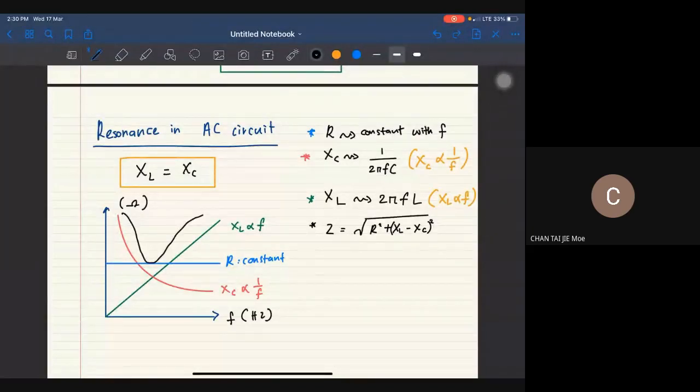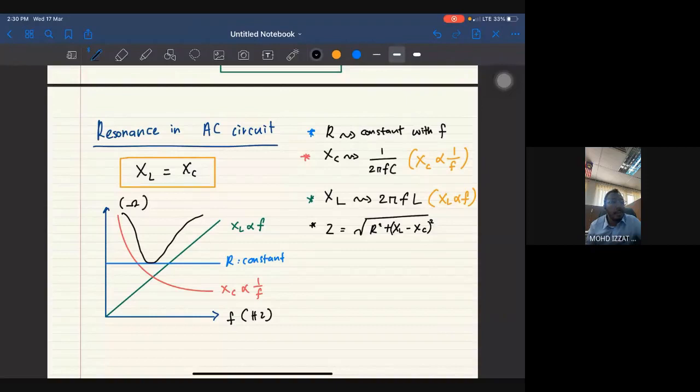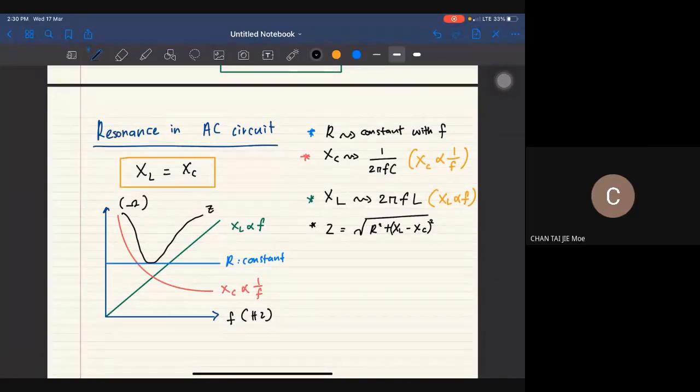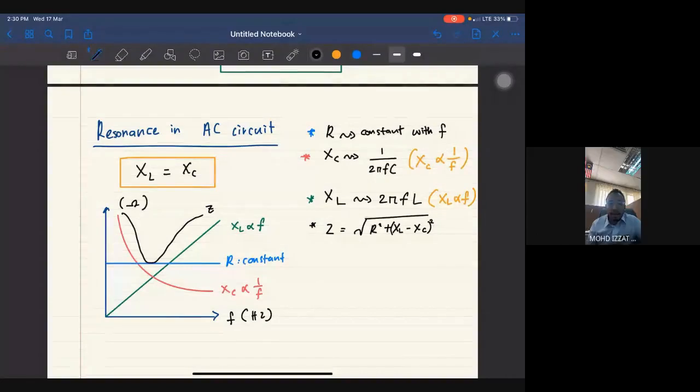You can just accept that shape. How you get the plot against frequency is more like a direct correlation, or 1 over X. Then this one is your Z. It is basically the resistance. So far, any questions?